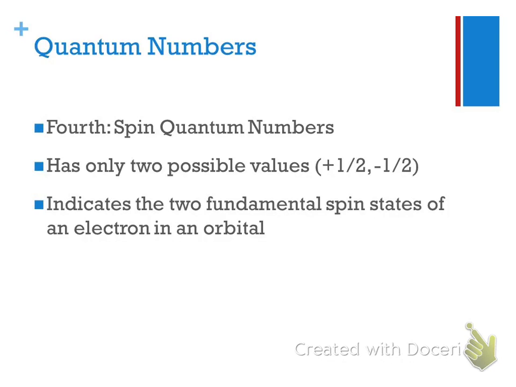And so this spin quantum number tells us which direction each of those electrons is spinning, +1/2 or -1/2. Nope, it's just going to be the positive 1/2 or the negative 1/2.